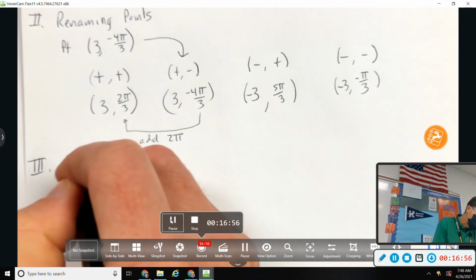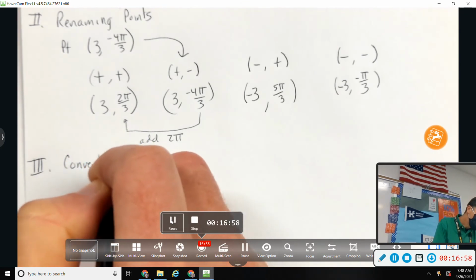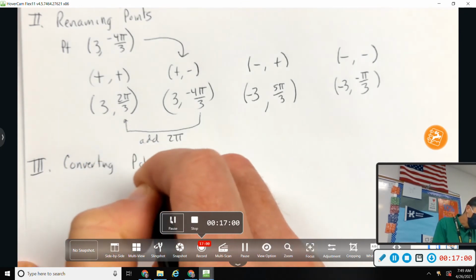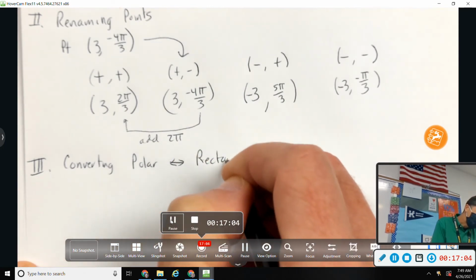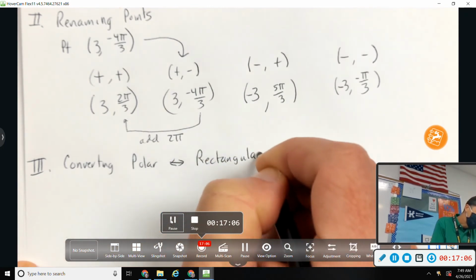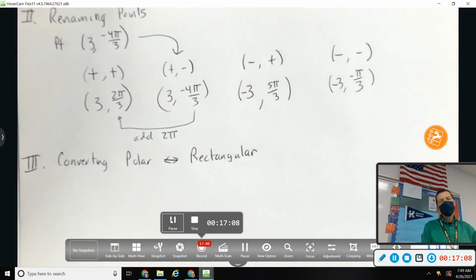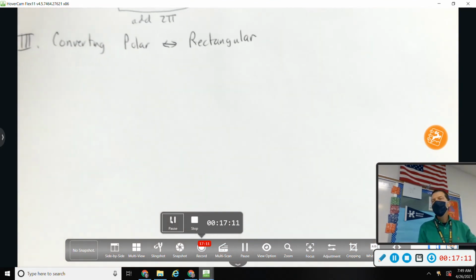All right, last Roman numeral. We want to convert polar and rectangular. So we want to be able to go back and forth between the two systems.